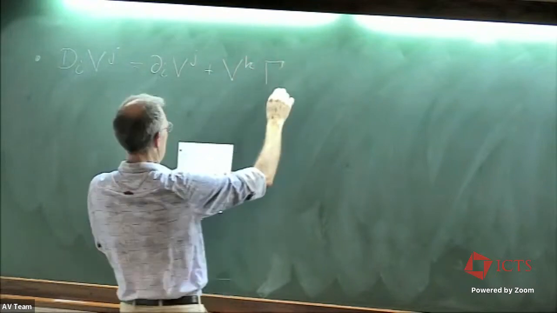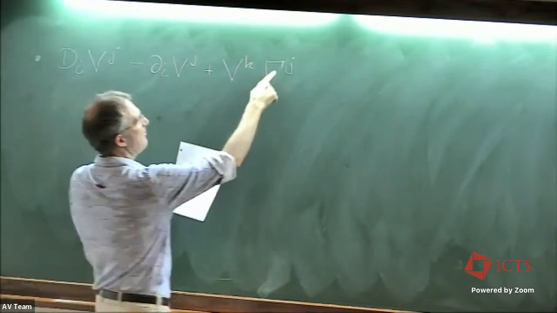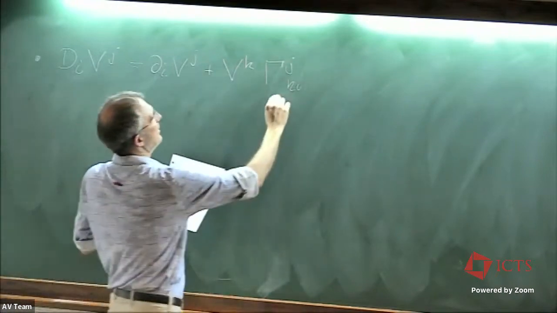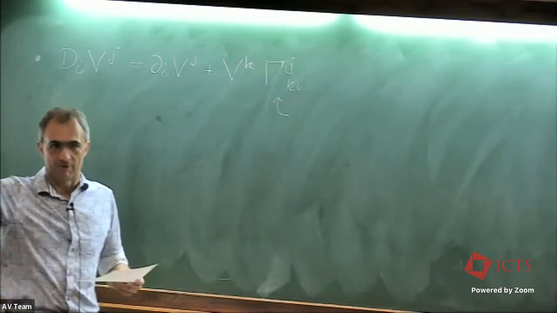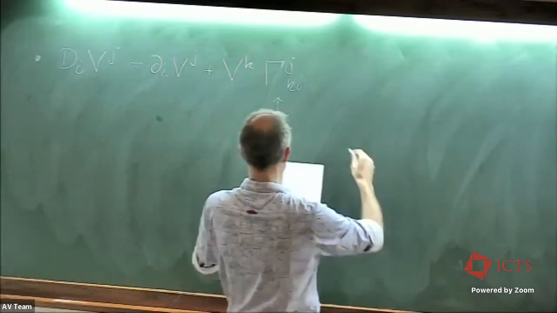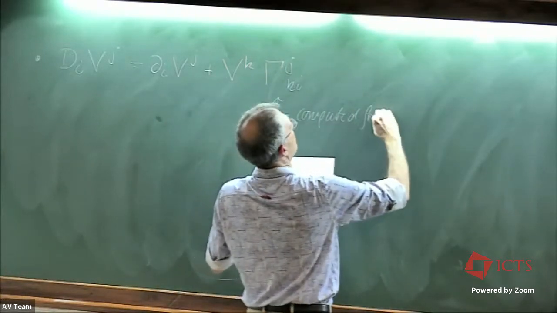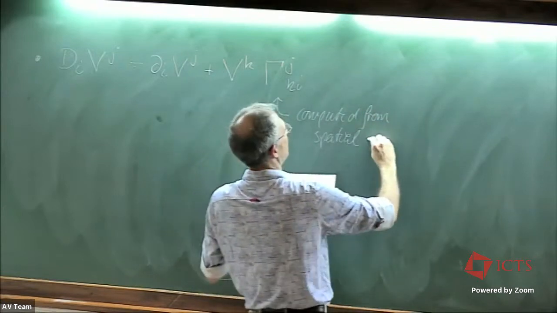And notice now I'm writing the Christoffel symbol without the 4 in front, because now I mean by this a spatial Christoffel symbol that is computed from the spatial metric in exactly the same way you would compute the Christoffel symbols from the space-time metric. Okay, so this is computed from the spatial metric. It's now a 3D Christoffel symbol.